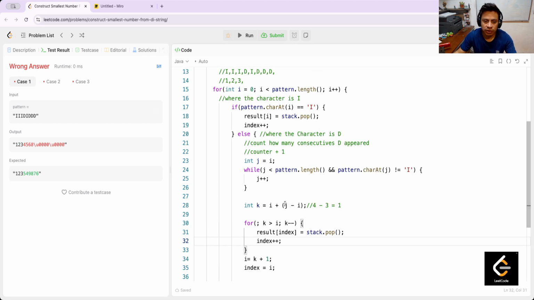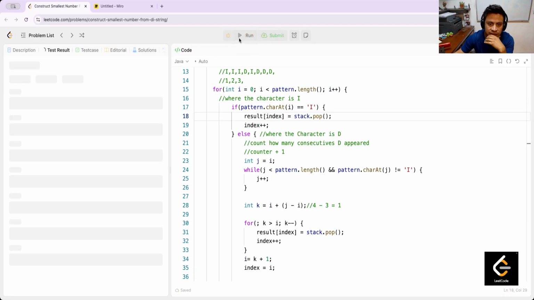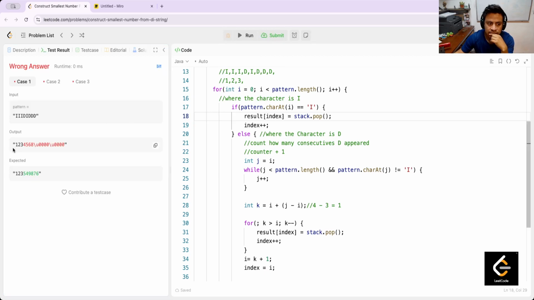Doing so here. Ah, the first is the index, not i.